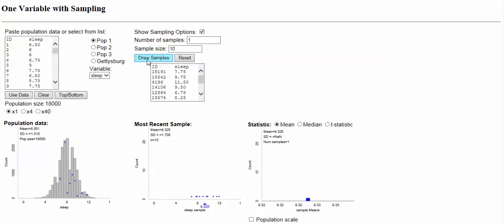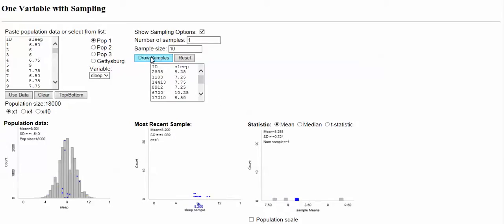If I click on Draw Samples again, it'll take another sample of 10 people and record their sleep times. So it's as if I have done the study over again, or someone else has repeated my study with a different group of 10 people. It shows the 10 people inside of the population, and the mean of the sample.